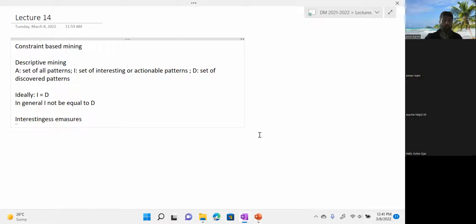Interestingness measures like support, for example, or confidence, for example. So these were only rules or constraints that we applied on the algorithm so that they were more able to find patterns that were closer to I or included all of I. Okay? So this is the general idea, and we will now generalize this to other types of constraints.